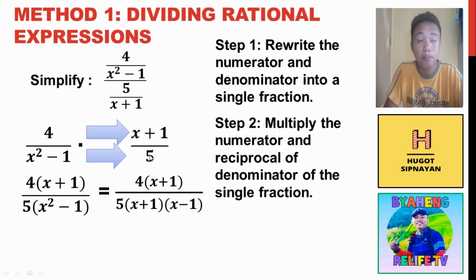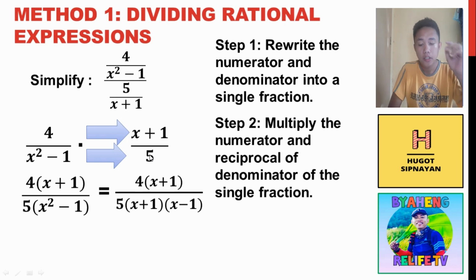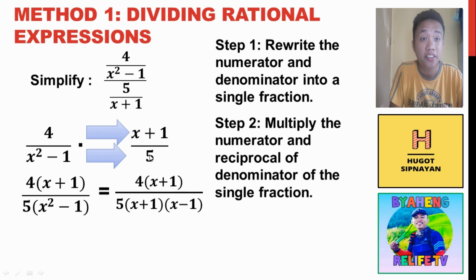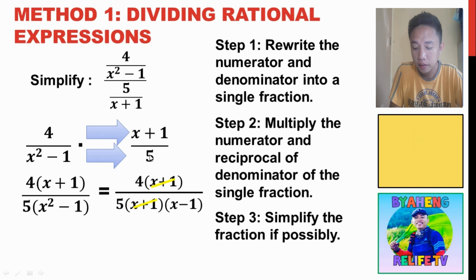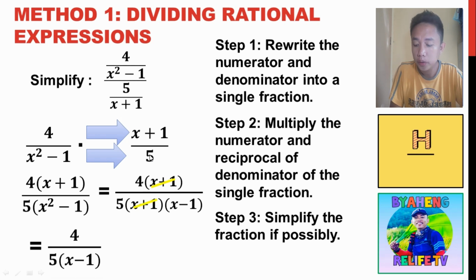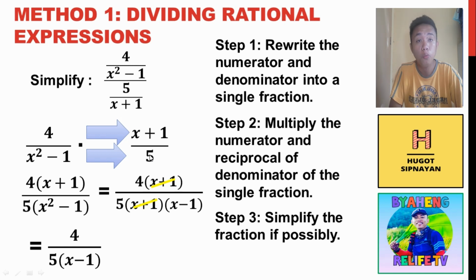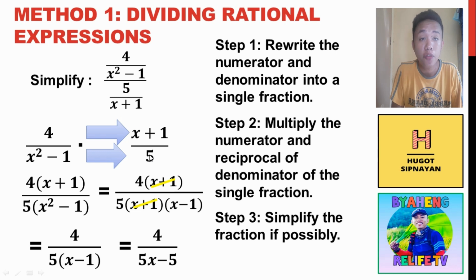The x squared minus 1 is factorable into x plus 1 times x minus 1. Now we simplify by canceling the common factor x plus 1. The answer is 4 all over 5 quantity x minus 1, or, multiplying the denominator, 4 all over 5x minus 5.